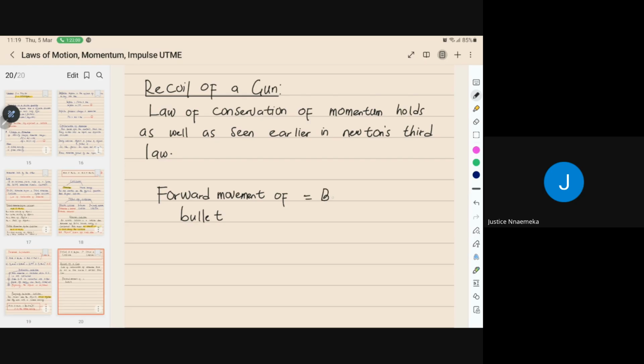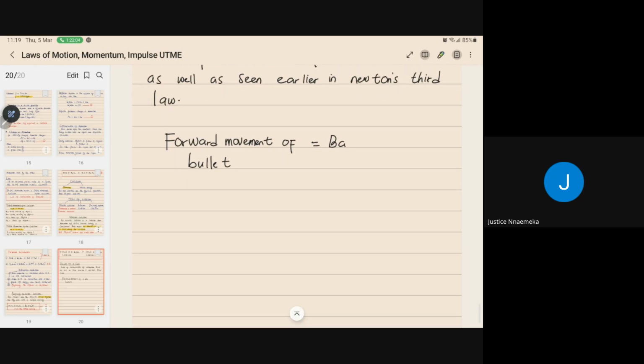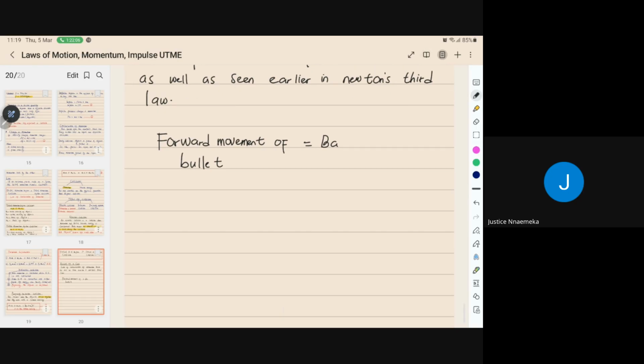equal the backward. That's why people like Meso cannot go and enter the military now, because she doesn't have much weight. Even the gun will throw her away. That's the fact now. I've not seen all of you physically, but I can tell who is who, right?